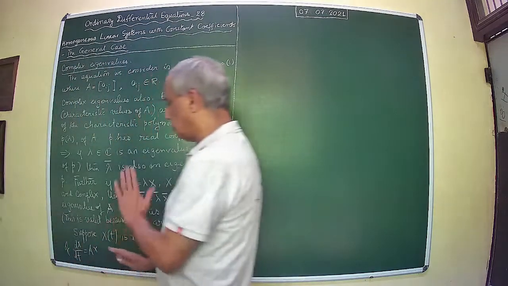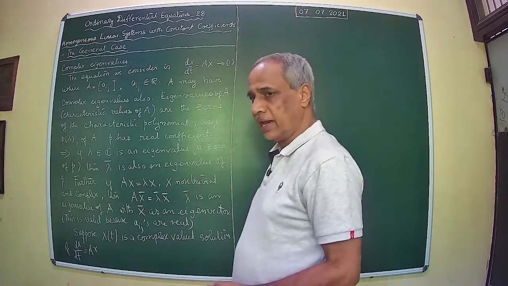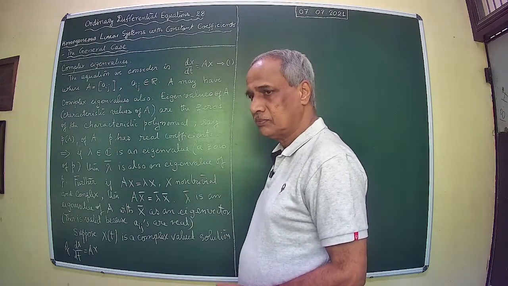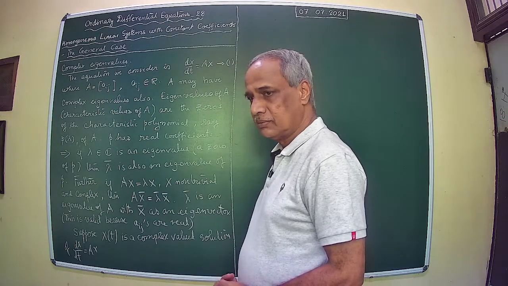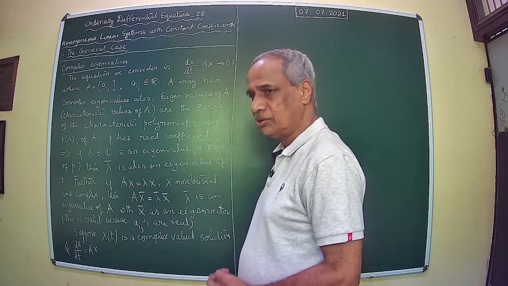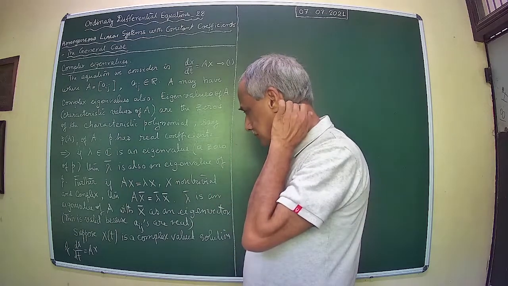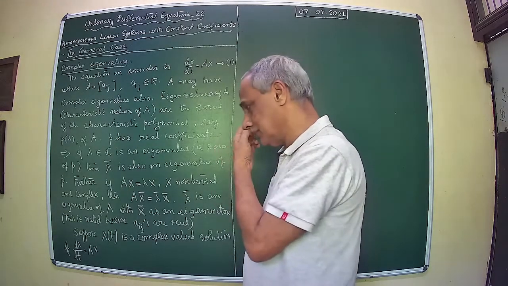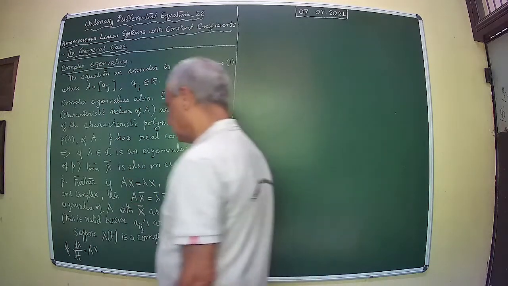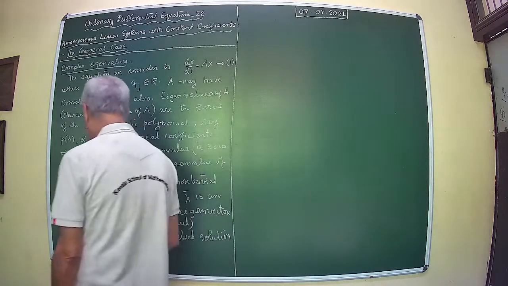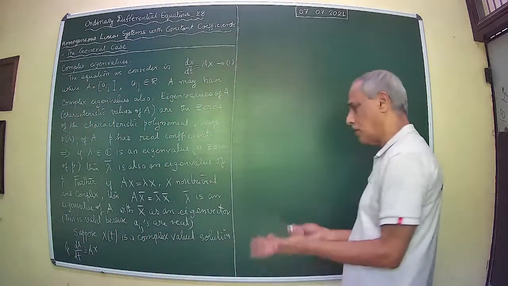Now you know how you make this solution. You start with a vector which is not equal to 0, use that as an initial value, and then write down the corresponding x. So such solutions exist. Existence is no problem at all, and this may be complex.